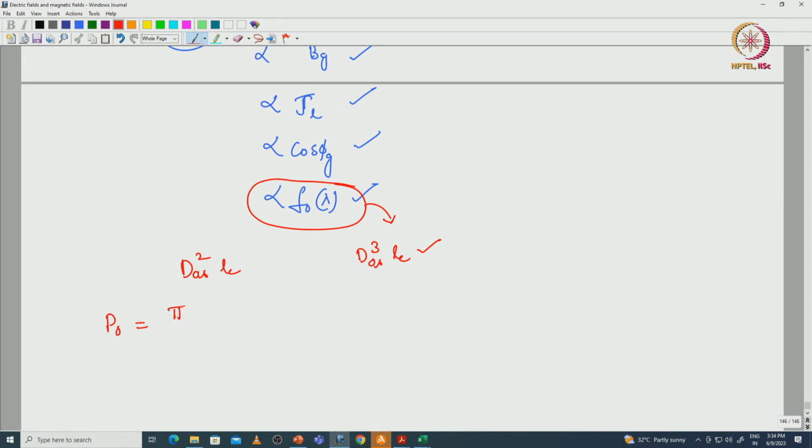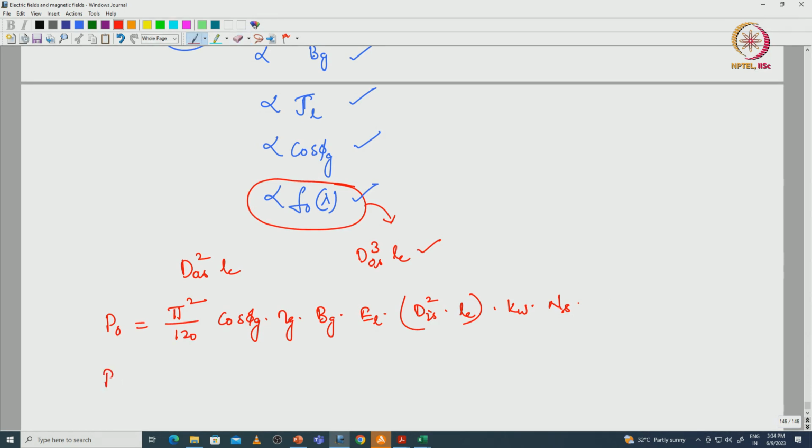P naught, the output power with respect to the D square L product, is pi square by 120, cos phi g (power factor), efficiency, flux density (magnetic loading at the air gap), electric loading with respect to the air gap, current density, and D square L product, winding factor, synchronous speed. This is the final equation with respect to the D square L term.